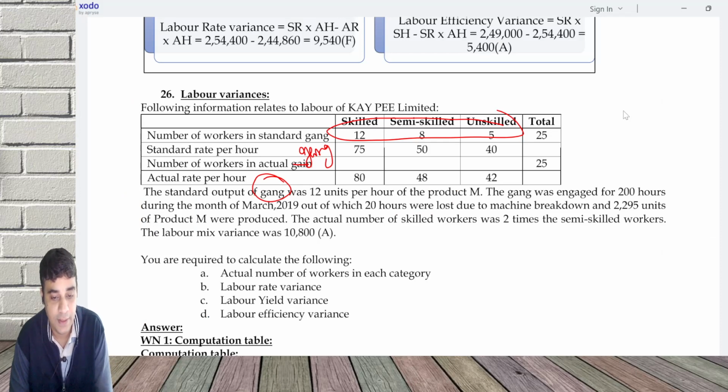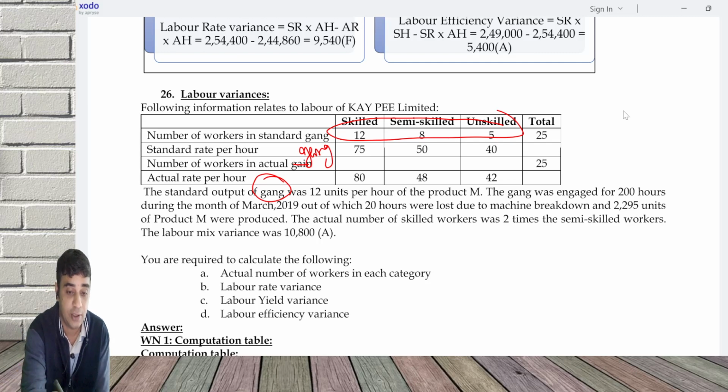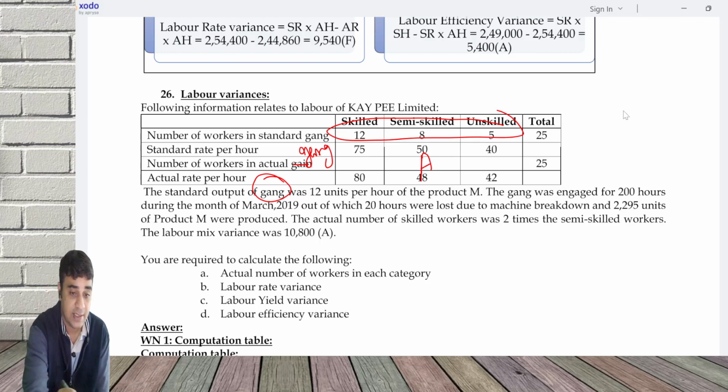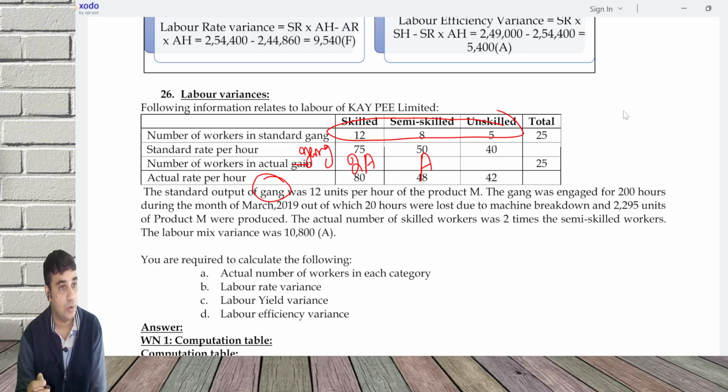One data point they are saying the gang was engaged for 200 hours. The actual number of skilled worker is 2 times the semi-skilled worker. Now listen for some time. A very important explanation. I'll assume the semi-skilled to be A. Skilled is 2A.